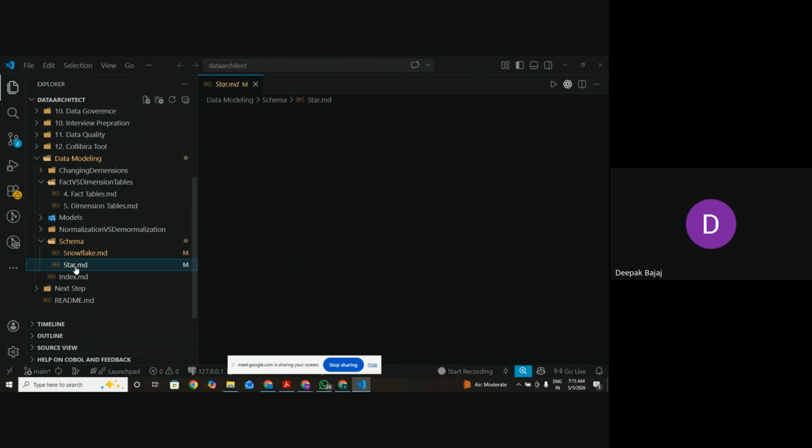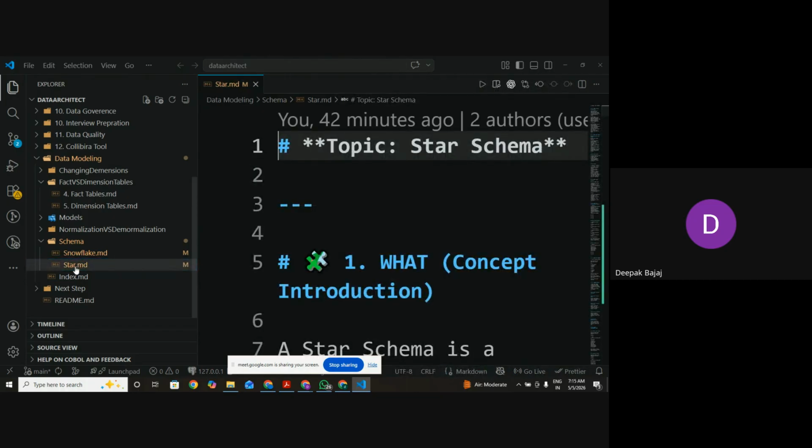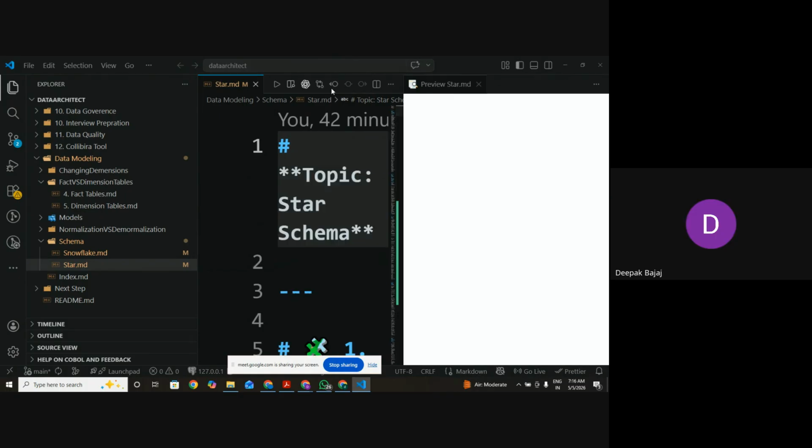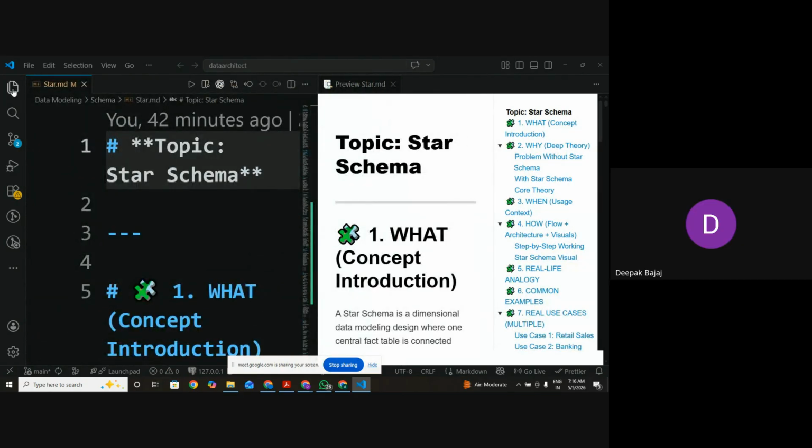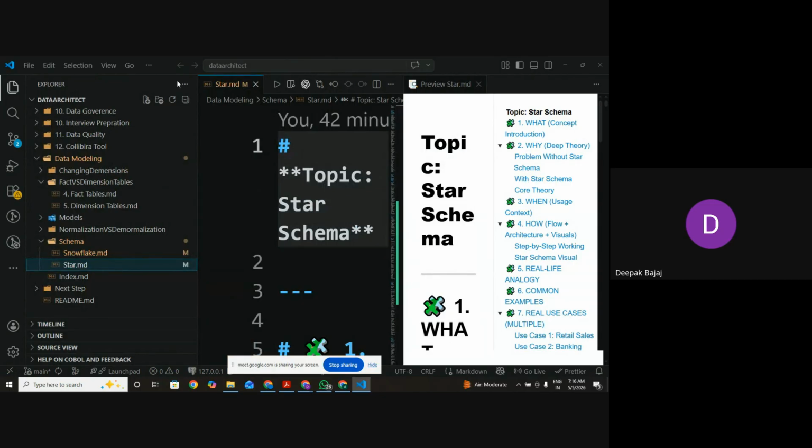Because we already discussed a lot in this, I think we will be able to cover this topic soon. Star, because we have foundation knowledge there. Star means flat tables. And why flat?